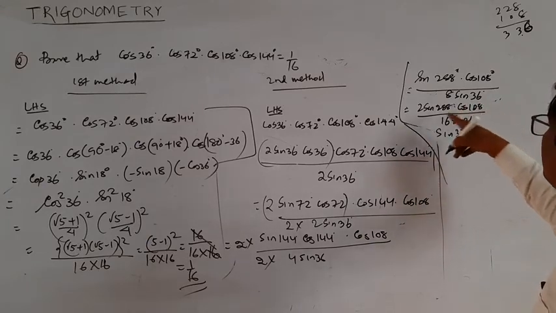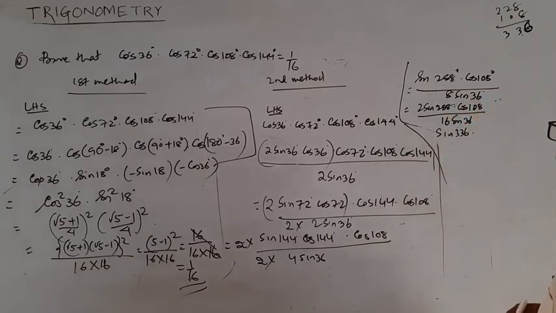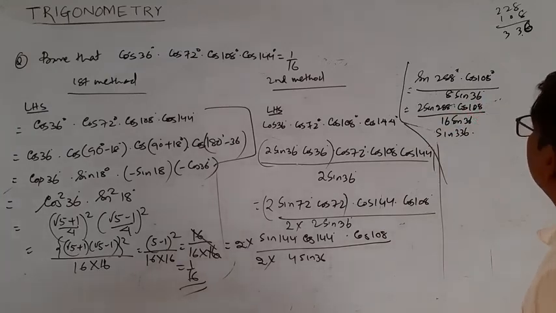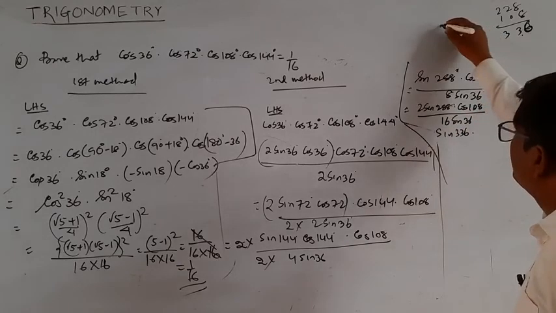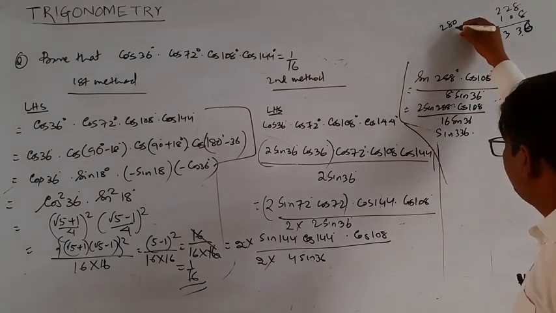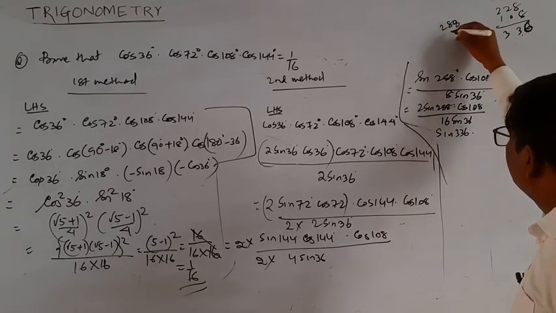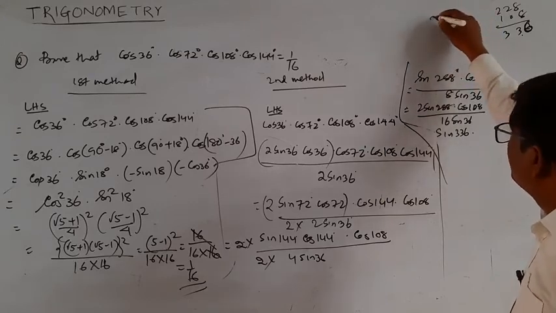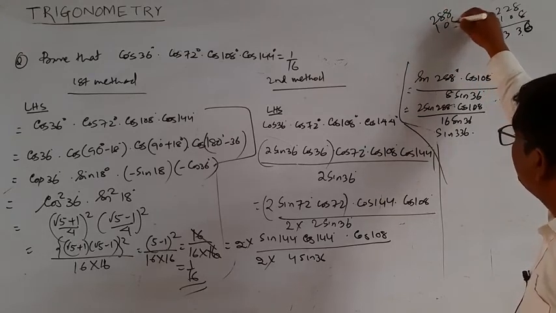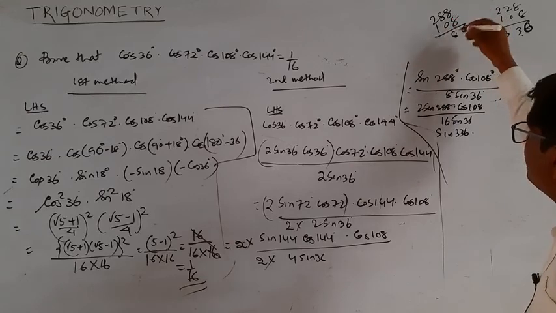Sin A cos B: sin A plus B plus sin A minus B. 288 minus 108, that is 180.